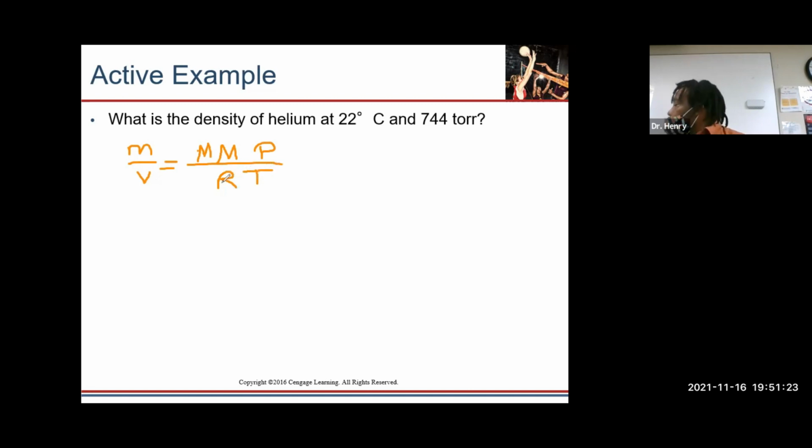After rearranging the equation, we get molar mass times the pressure divided by the ideal gas constant and the temperature.